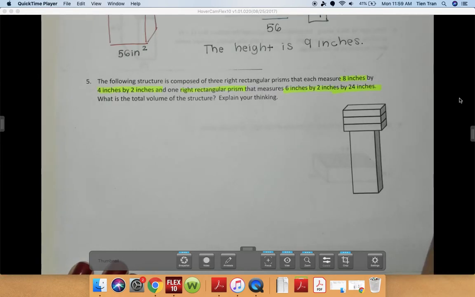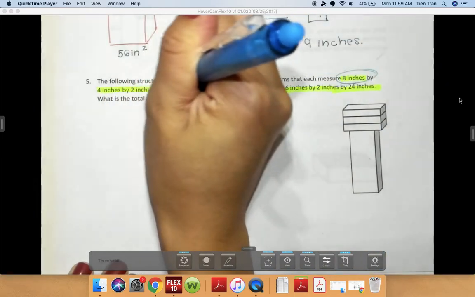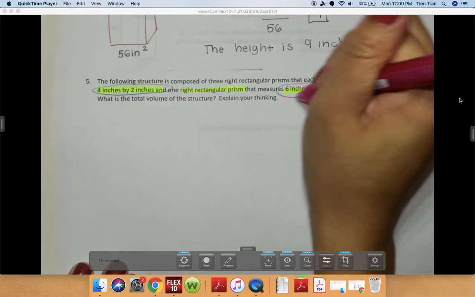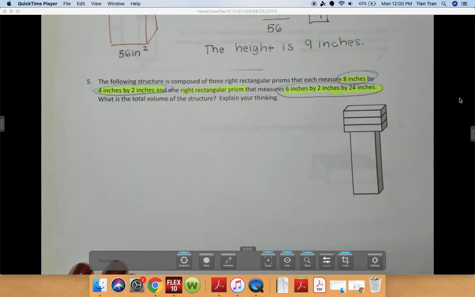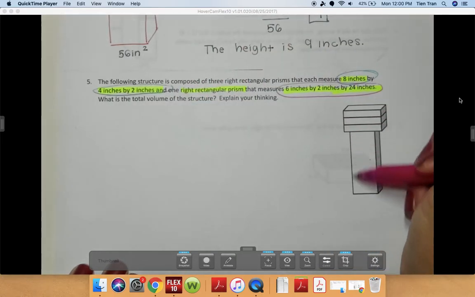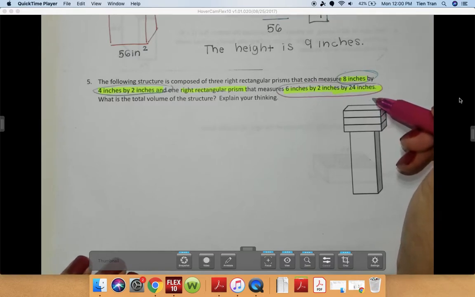So the first thing I'm going to do is I know that one is 8 inches by 4 inches by 2 inches, and the other one is 6 inches by 2 inches by 24 inches. Now, I'm seeing that this one has 24, which is the biggest number, so this one looks like it would be 6 inches by 2 inches by 24 inches.